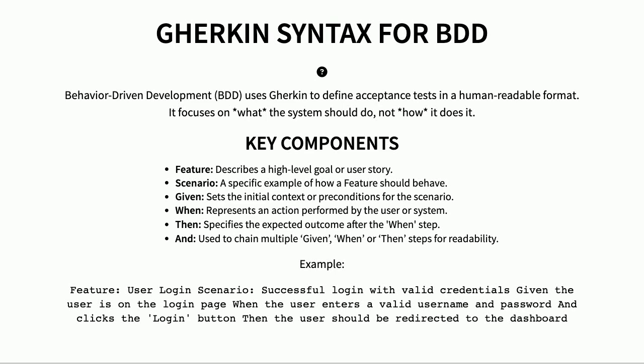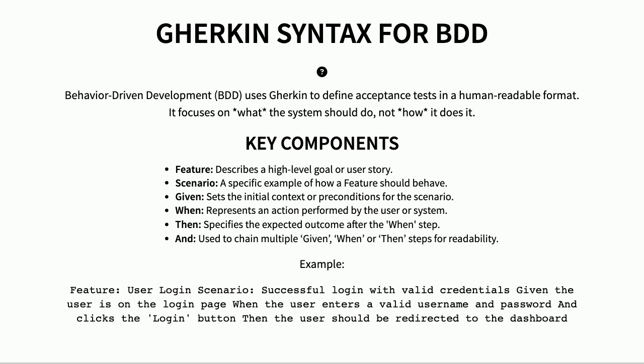Okay, let's talk about Gherkin syntax. It's super important in BDD. Basically, we use this language to write tests that are easy for everyone to understand, not just developers. Think of it as describing what the user should be able to do with the system. It's broken down into features, which represent a bigger goal, and scenarios, which give specific examples of how that feature should work.